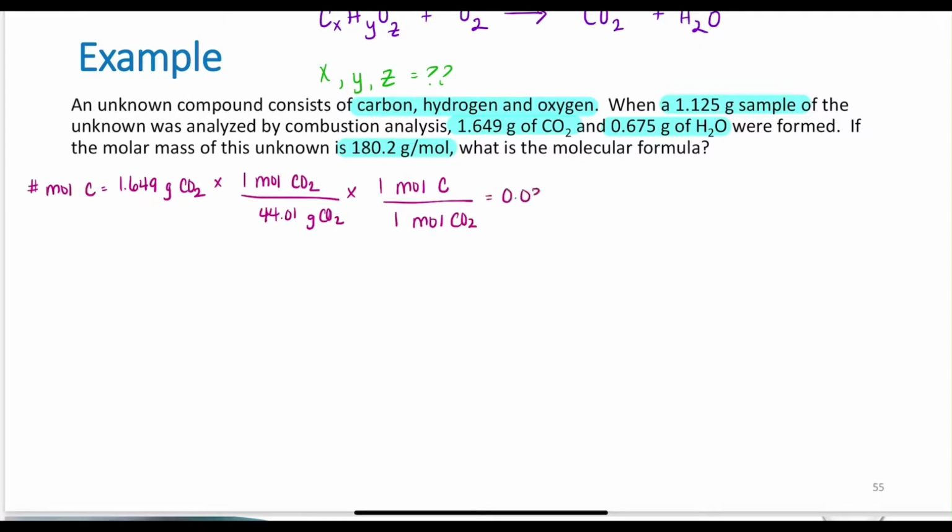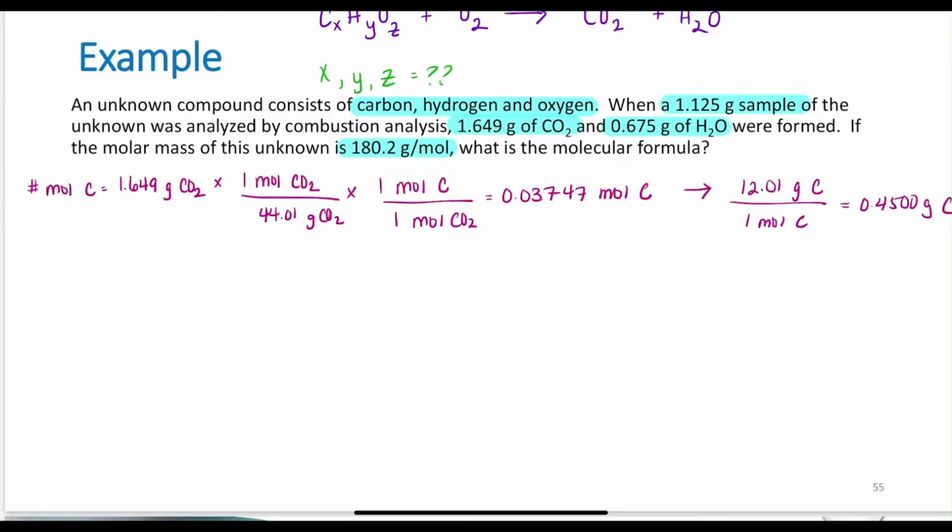This gives me 0.03747 moles of carbon. Because I'm going to need it, I'm also going to figure out how many grams of carbon this equals. So if I took those moles and converted them to grams of carbon, I know there's 12.01 grams of carbon to every 1 mole of carbon.